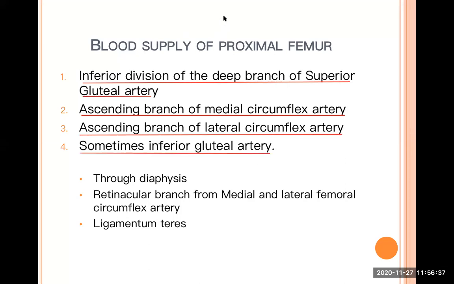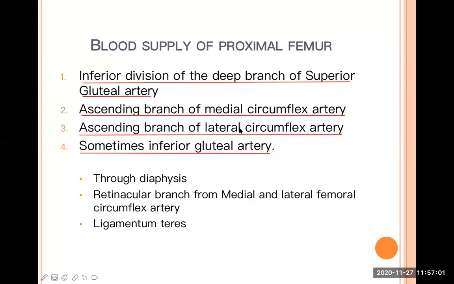Now let me elaborate a little bit on this. The two important blood vessels which supply the proximal part of the femur are medial circumflex femoral artery and lateral circumflex femoral artery, rather than superior and inferior gluteal artery. So remember this, the second and third are the very, very important ones.